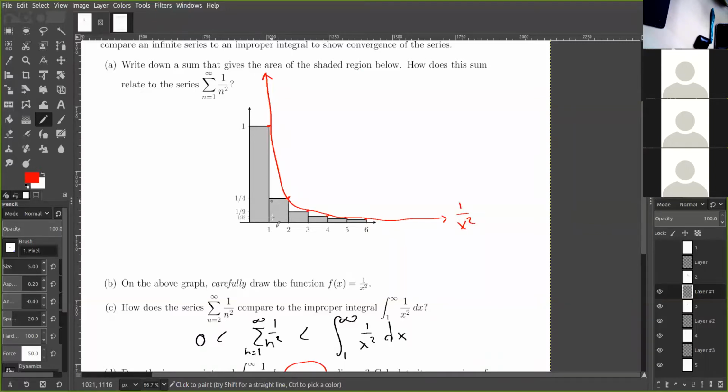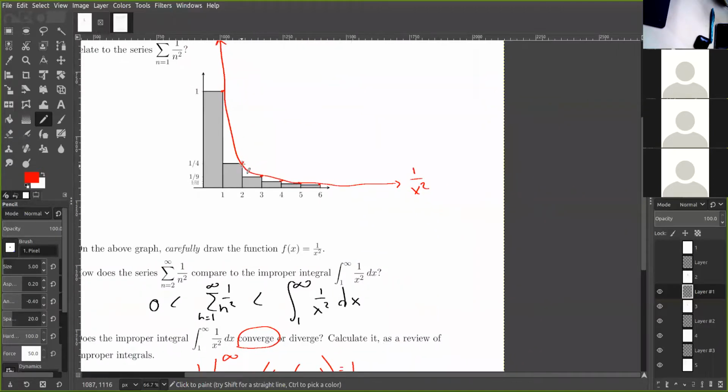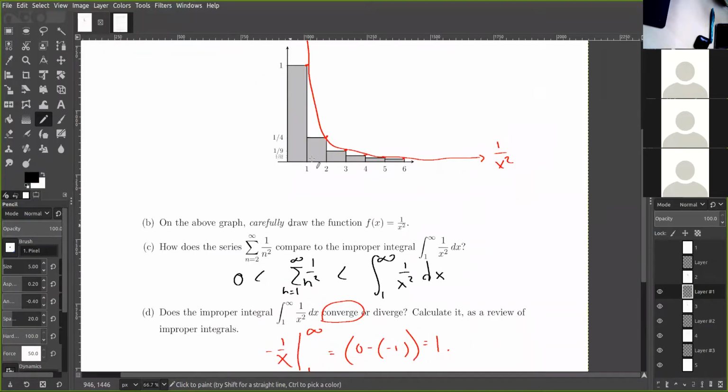At least starting from 2 to infinity, our sum is only the sum of these blocks. And the sum of those blocks we want to compare to the area only starting at 1 to infinity.